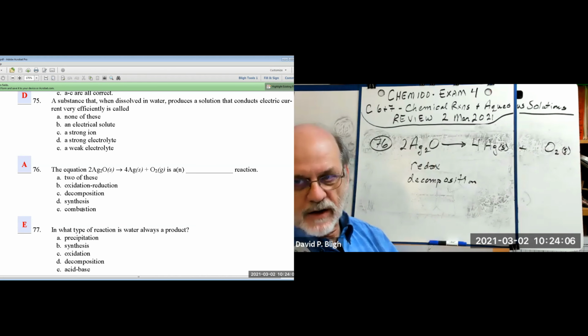Okay? So we've got silver going from here to here with a gain of electrons, right? To go from a 1+ to a 0, you have to gain 1 electron to balance that +1. So we reduced silver here. We gain 1 electron per silver. But how many silvers do we have? We have 2. So that's 2 electrons.